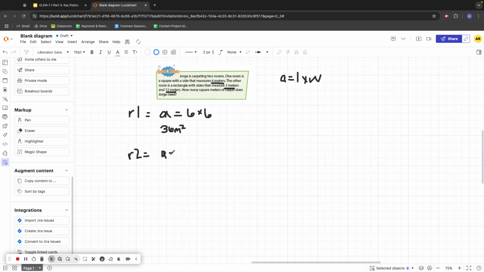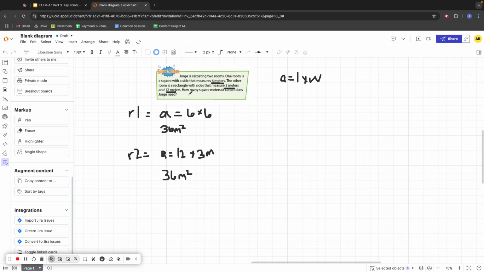Area equals, we'll say the length is 12 meters times our width, which we'll say is 3 meters. And so in order to find this, we of course need to calculate our area by multiplying length times width, so 12 times 3, and that again will give me an area of 36 meters squared.